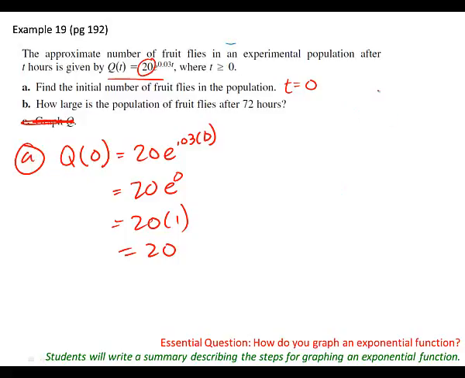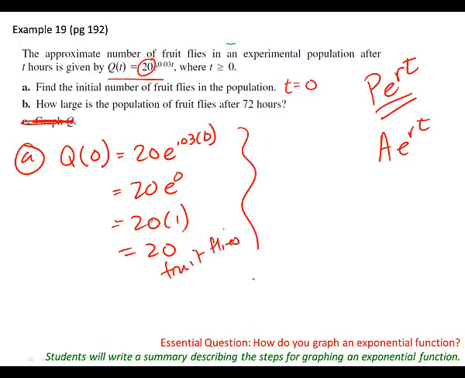And don't these functions kind of look like that? Yeah. This formula can be used for a lot of exponential things. When we go to calc, we change that to an A instead of a P. Okay? So it's basically an exponential formula. All right, and then we would want to label that as 20 fruit flies, because that's what we're measuring.